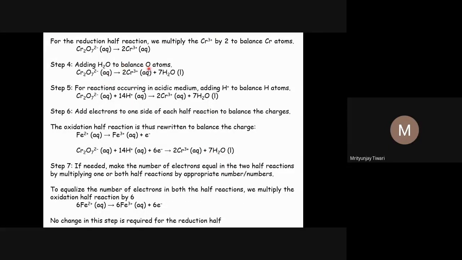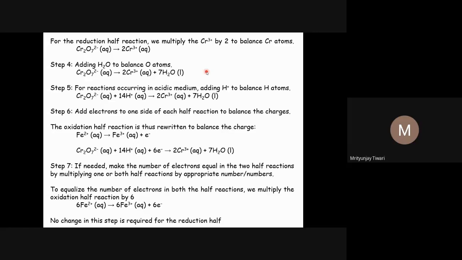So this is the fourth step, balancing oxygen atoms, and there is no H plus. Now when we look at the number of hydrogen atoms, there is no hydrogen atom on the left hand side, but 7 times 2, which means 14 hydrogen atoms, are present on the right hand side of the reaction. So the hydrogen atoms are in excess on the right hand side.